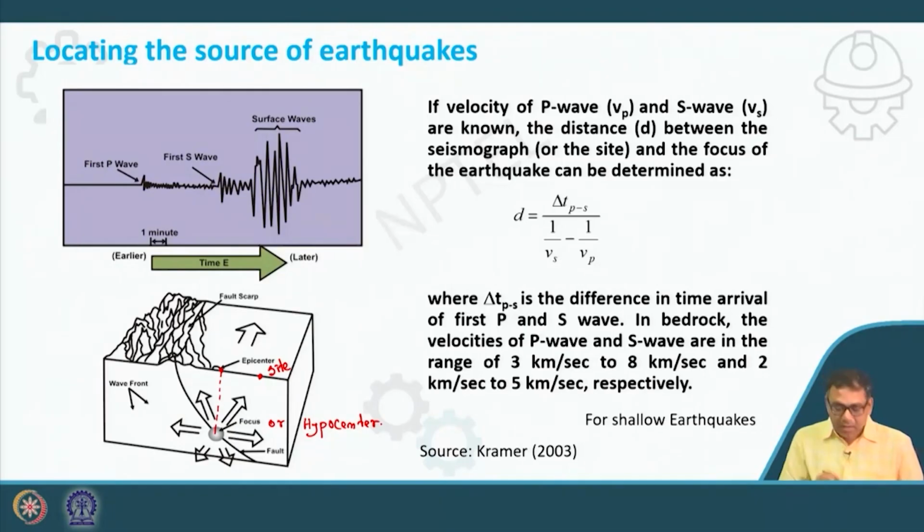Now if I join this site to the focus, and the site to the epicenter, the distance between the site of interest and the epicenter is called the epicentral distance.